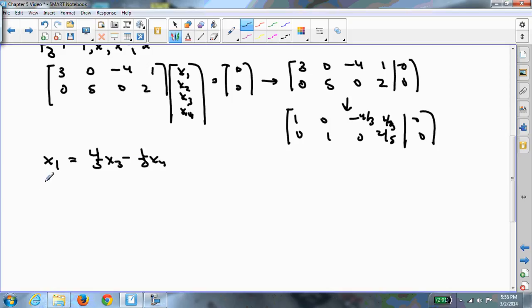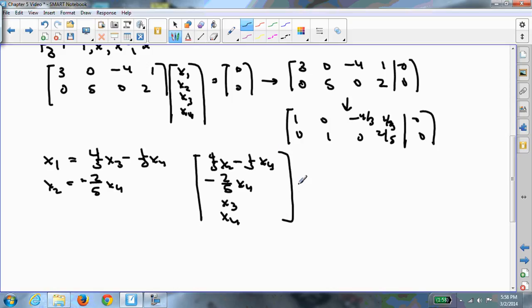And x2 equals negative 2 fifths x4. So my solution vector would be x1, which is 4 thirds x3 minus 1 third x4, negative 2 fifths x4, x3, and x4.